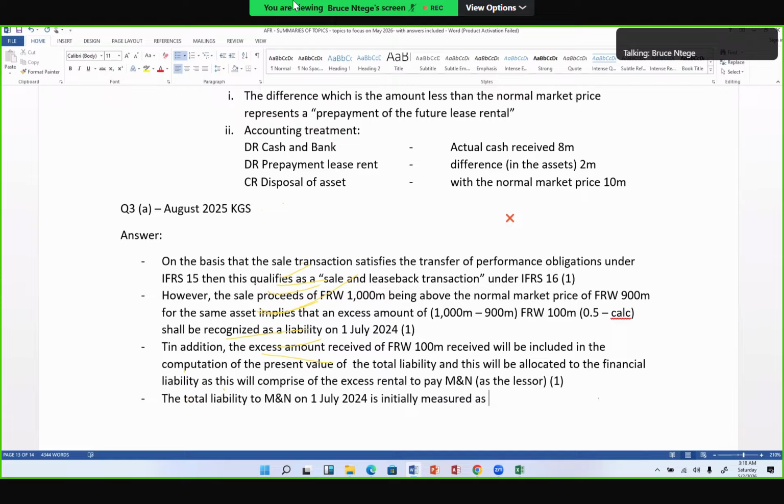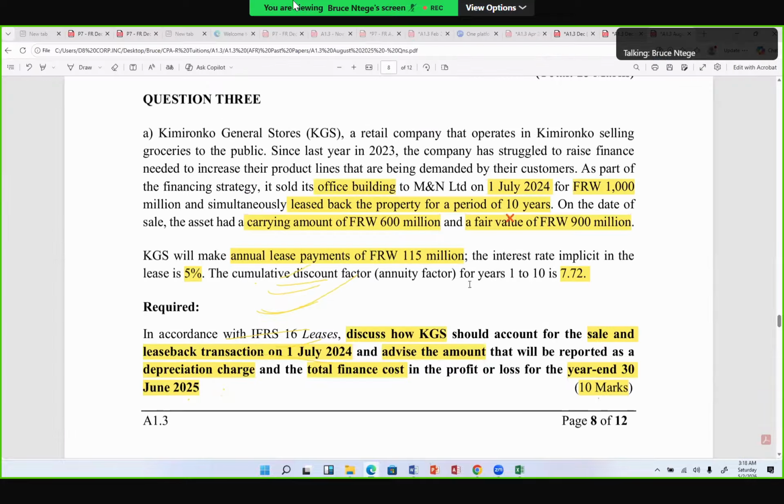It means you're getting the amount you're paying every year. I think they gave it to us that every year you're going to pay 115, and you're going to pay it for 10 years, but the annuity factor is 7.72.